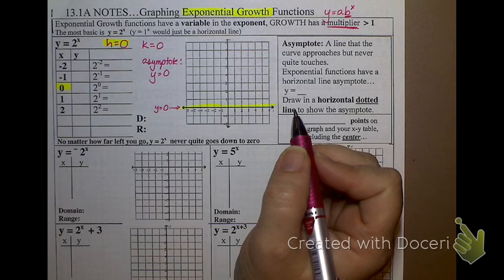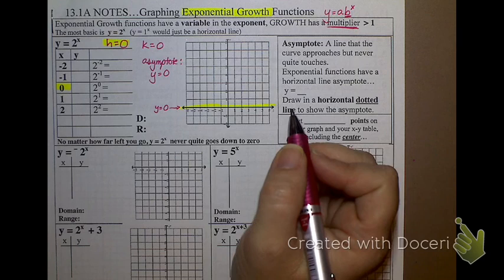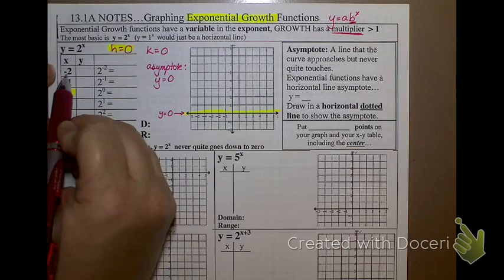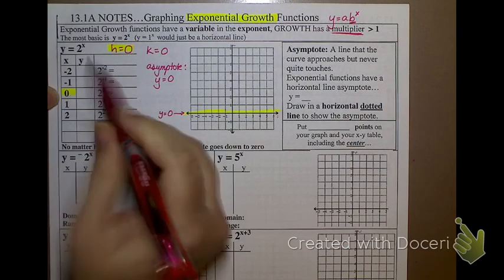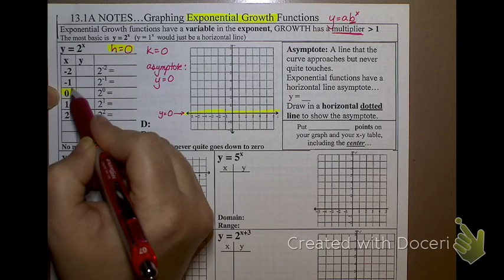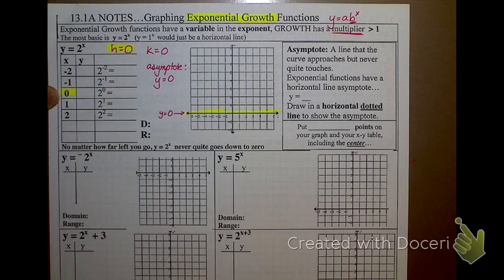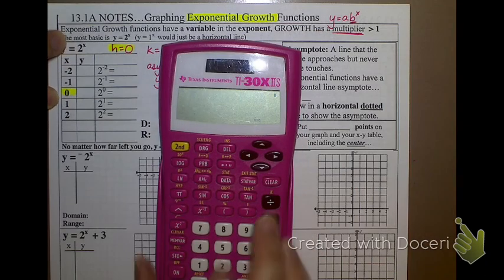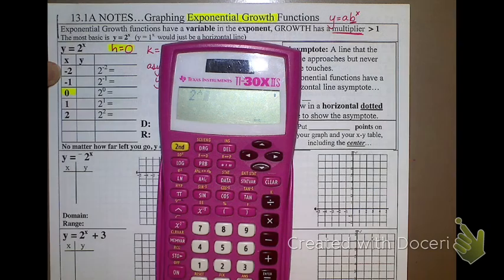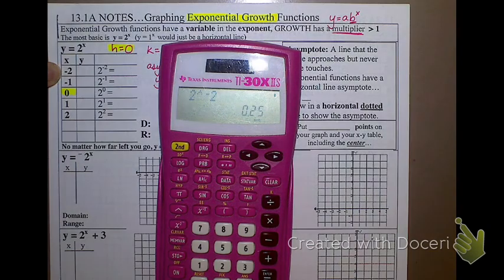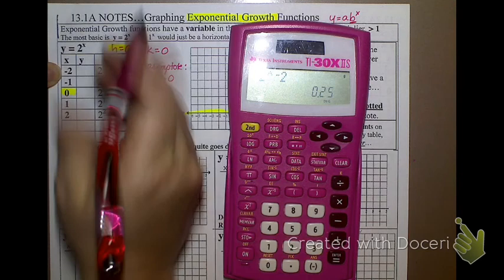Okay? All right, so let's plug some of these values in. If x is -2, notice the 0 was in the middle, and we just filled in values around it like we've done a million times before. So, if my equation is 2 to the x, I'm going to start off with 2 to the -2nd power. What does that give me? 0.25.